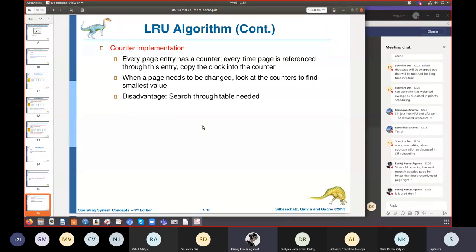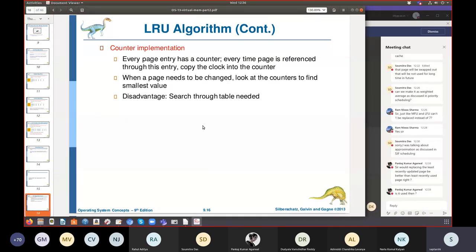If servicing two page faults takes less than or equal to servicing one page fault, is that not okay? Both are necessary. What you are suggesting is the correct thing, and it can help in reducing the time needed to service a page fault.